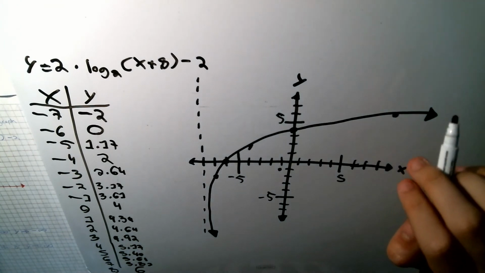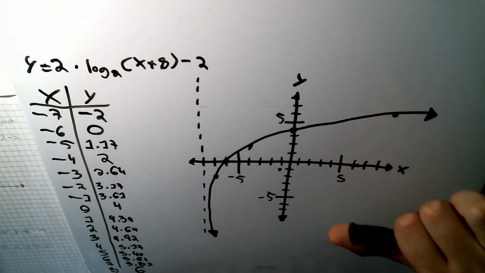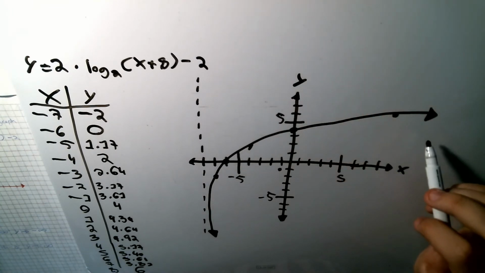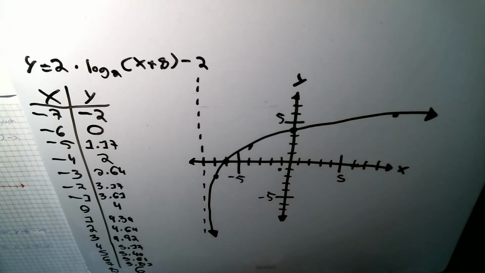Okay, and now as an extra, we're going to get the behaviors. This is the right side, this is the left side. Let's first get the left behavior.